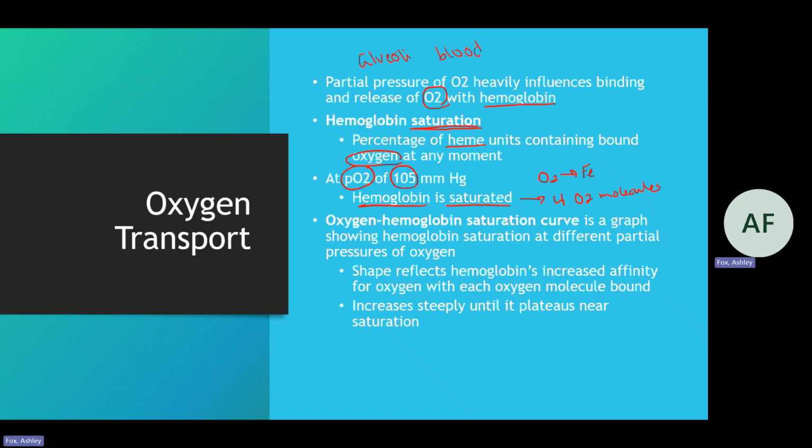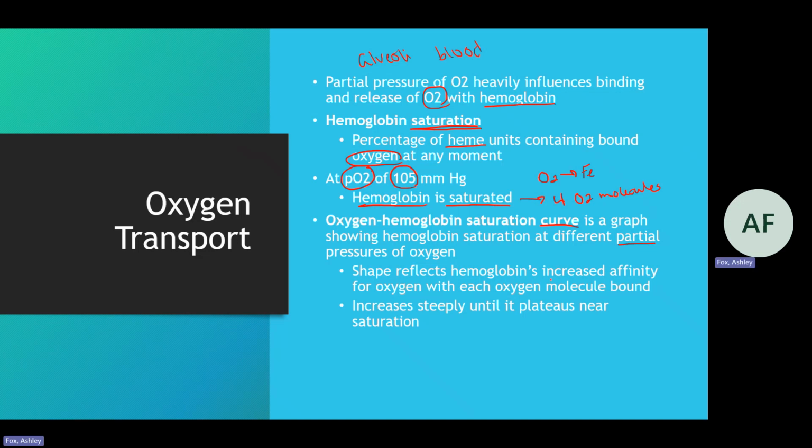So we look at the oxygen hemoglobin saturation curve, a graph that shows how much of our hemoglobin is saturated, meaning how much of our hemoglobin has all 4 of its irons occupied. And we can look at how it changes based on the partial pressures of oxygen.